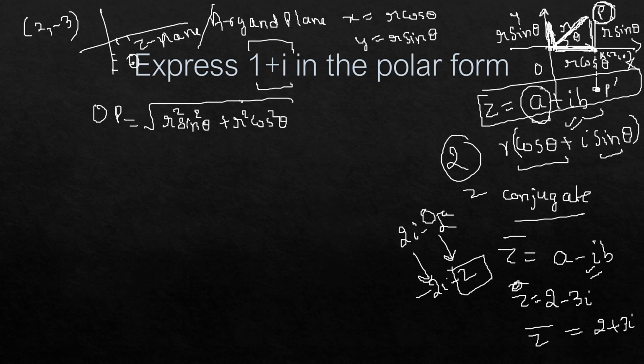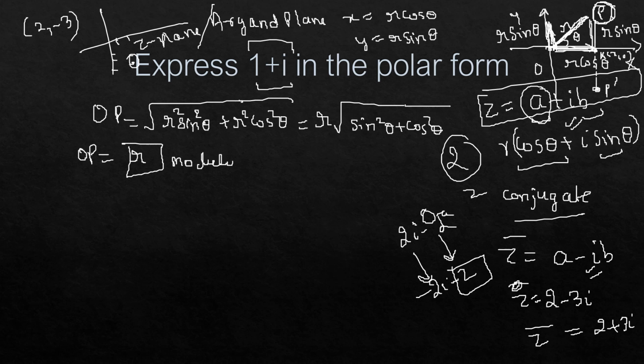Can you bring out r square common, and that r square will come out from the square root to make r, and inside you will be having sine square theta plus cos square theta, which is 1 obviously. You know that, right? As per the trigonometric identity. So OP is r. This r is called modulus or absolute value. What is it called? Modulus or absolute value of a complex number. Okay?